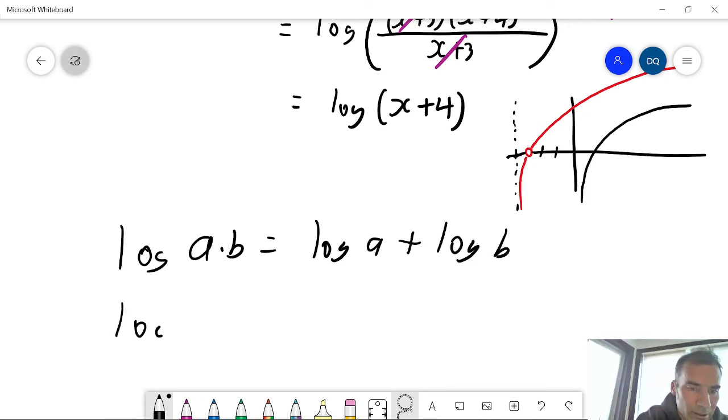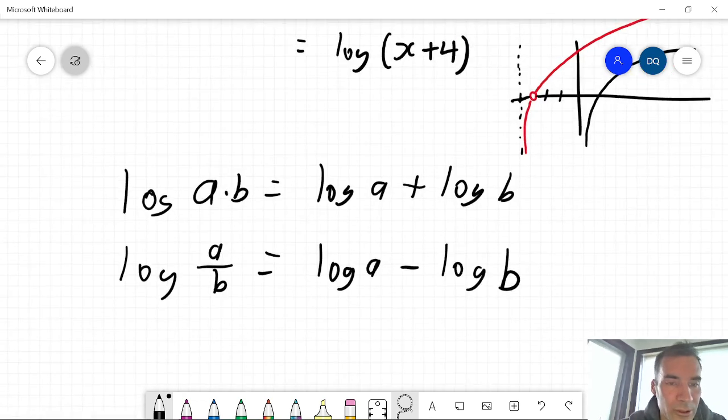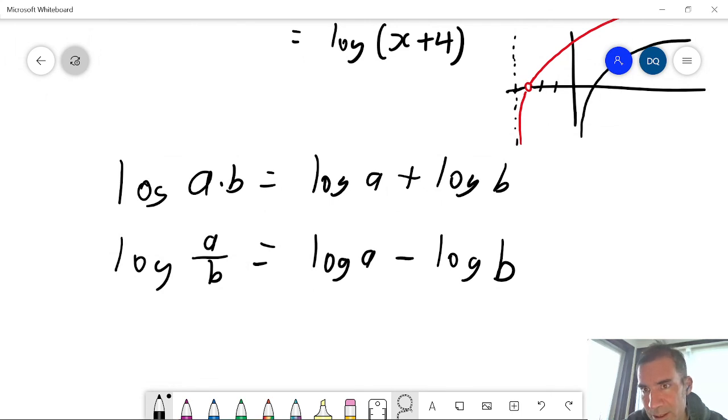And the log of a divided by b is equal to the log of a minus the log of b. And you can use these rules to simplify situations as they arise. The main point again is to allow you to successfully do division or multiplication by turning it into addition and subtraction after you've converted it into a log, and then you can convert it back to get your answer.